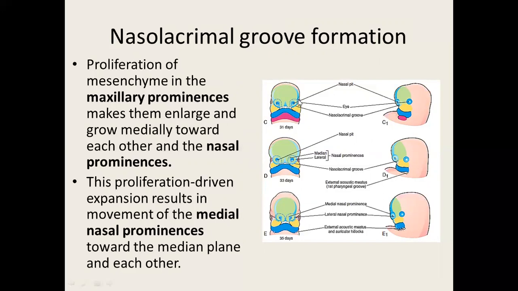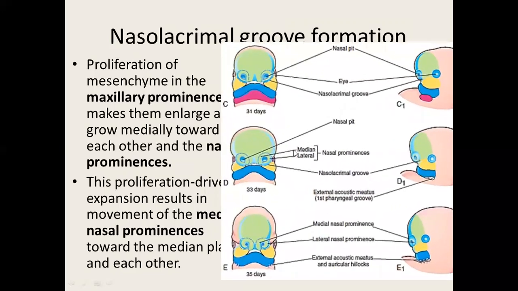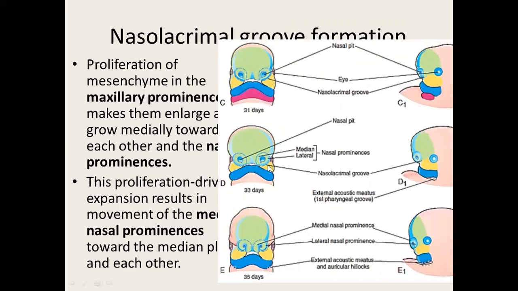When they approach each other, a line is formed. The fusion with the lateral nasal prominence is along a line which extends from the eye or the optic vesicle to the stomodeum. This groove is known as the nasolacrimal groove, which appears between the lateral nasal process and the maxillary prominence.